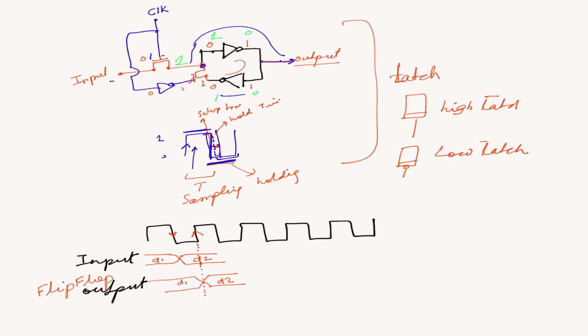Now look at the same thing from a latch point of view. Let's say it was an active low latch. An active low latch's output will change only during the low cycle of the clock. So during this one, it is transparent. Whatever the input is, the output will become like this.